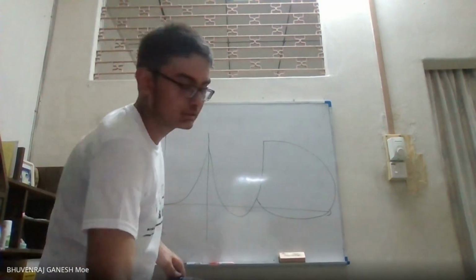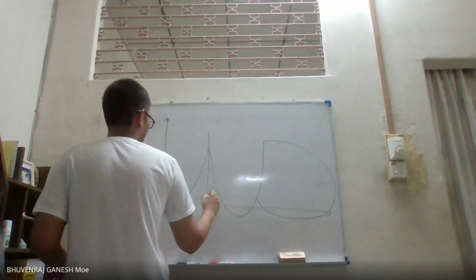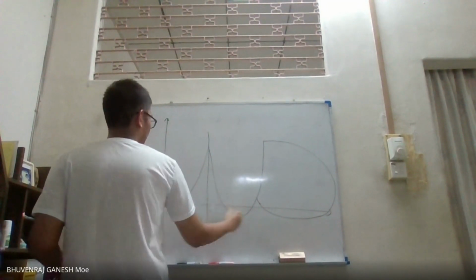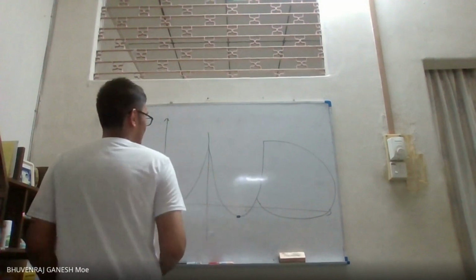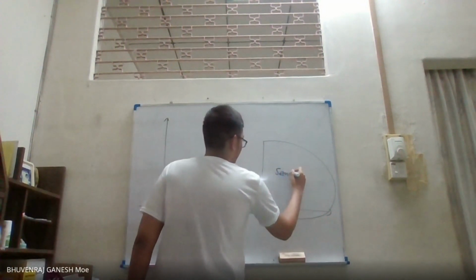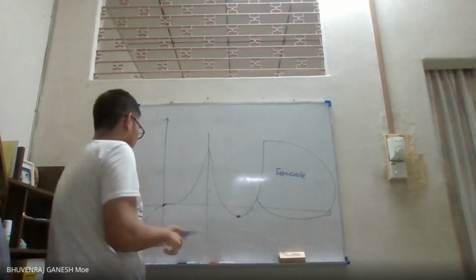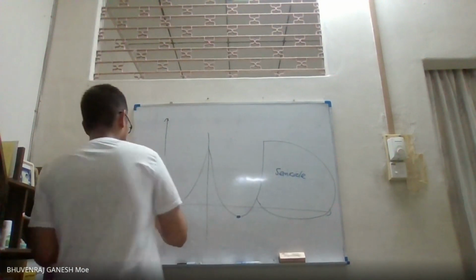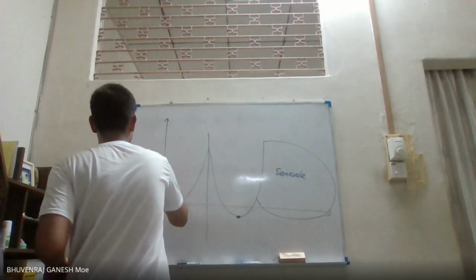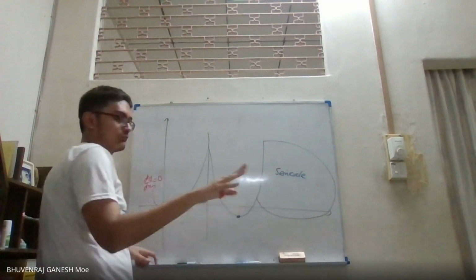So let's say stationary points. Here we can notice 1 point, and then here we can see another point. And then, yeah, this is just a circle, semicircle. It's to show the rate of change. So this point will be dy over dx equals to 0 because it's on a flat surface.